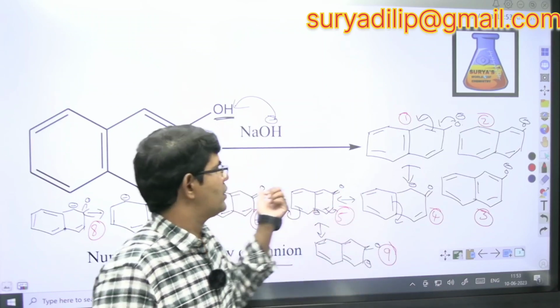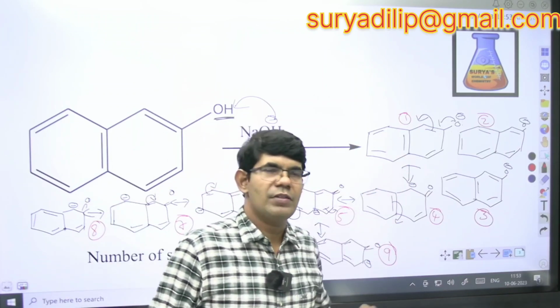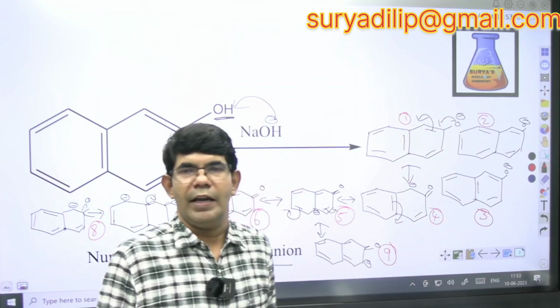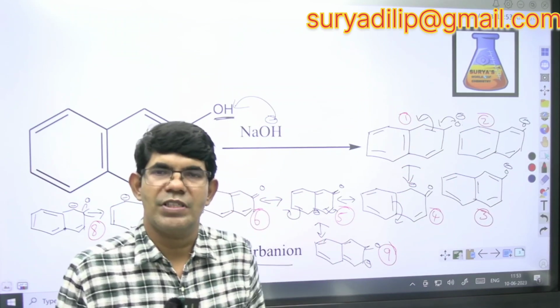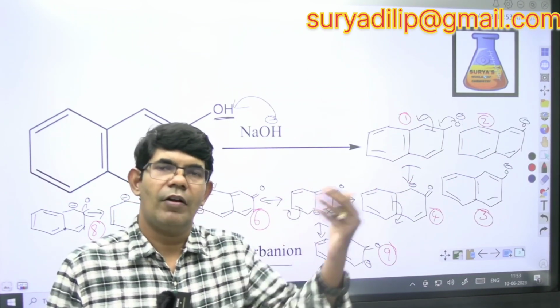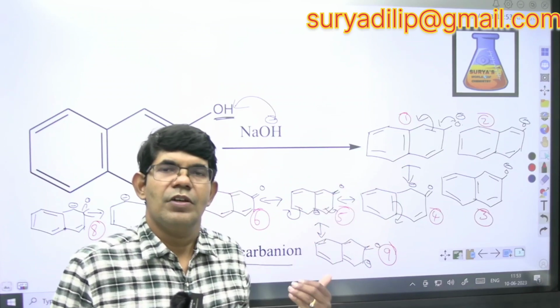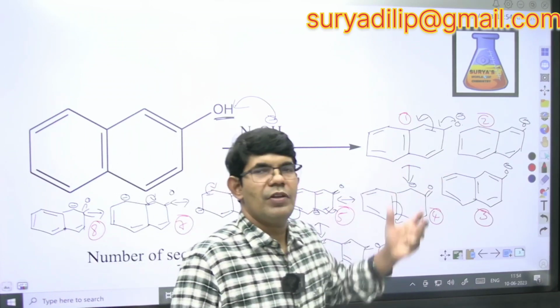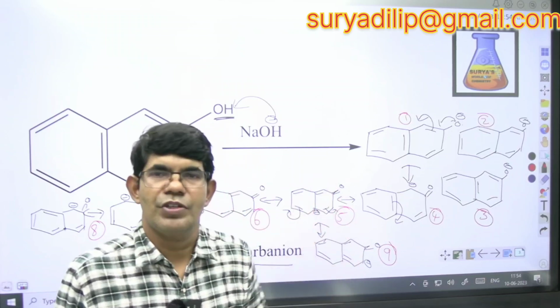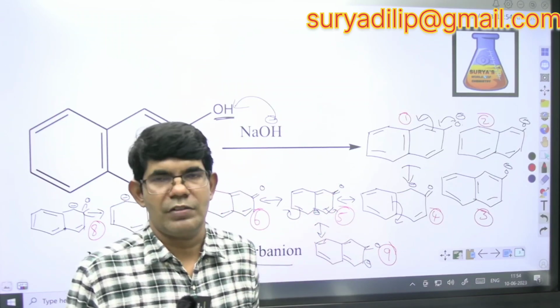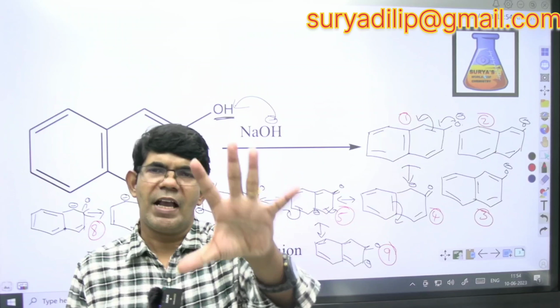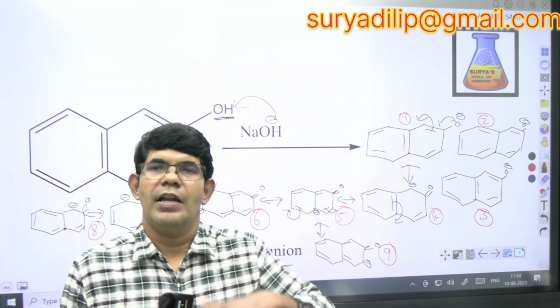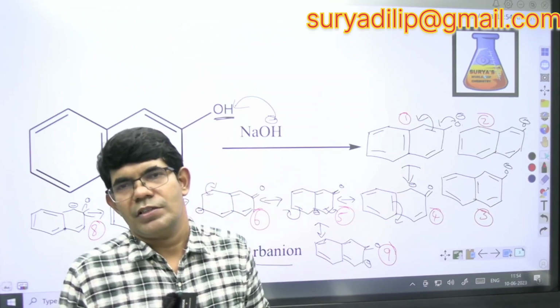Whenever you have this kind of multiple benzene rings with a heteroatom where delocalization is possible from the electron pair on the heteroatom to the ring, first you try to draw the possible resonating structures by changing the position of the double bonds of the benzene rings. Once that is done, pick up any one of the resonating structures and then you try to draw the resonating structures.